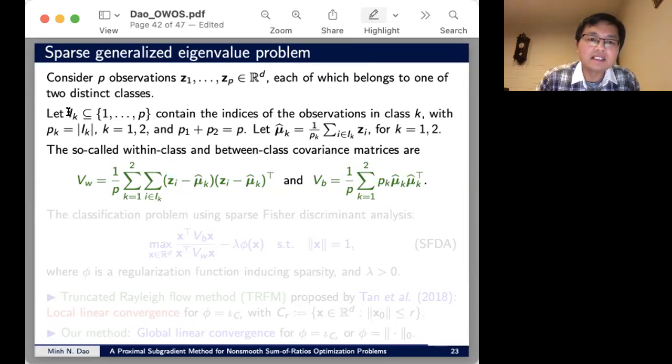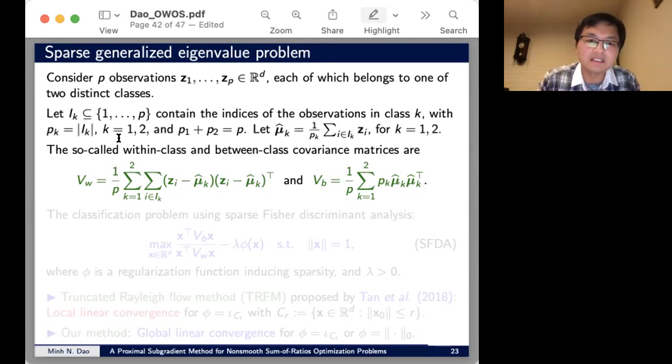Now let I_k be a subset of the set from 1 to P containing the indices of the observations in class k, with P_k equal to the number of elements of I_k.